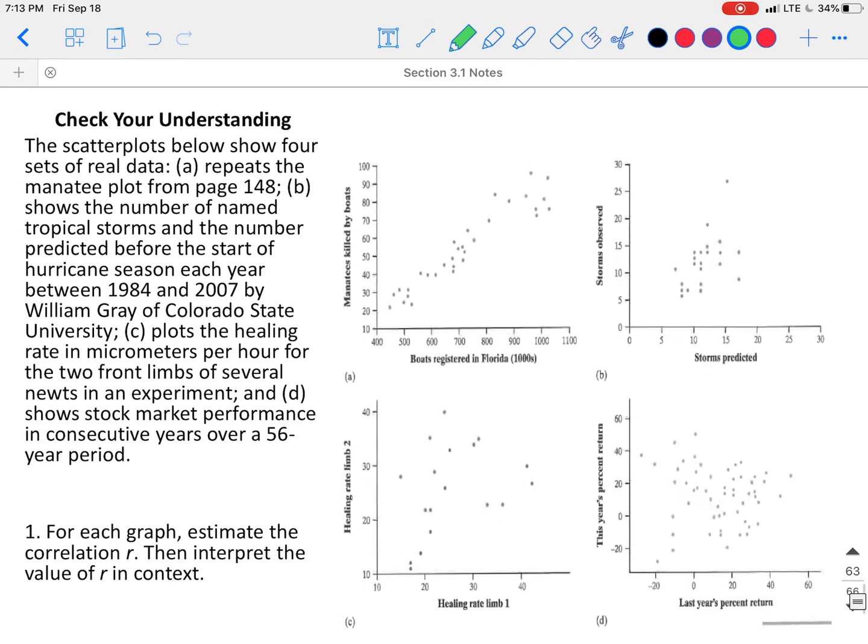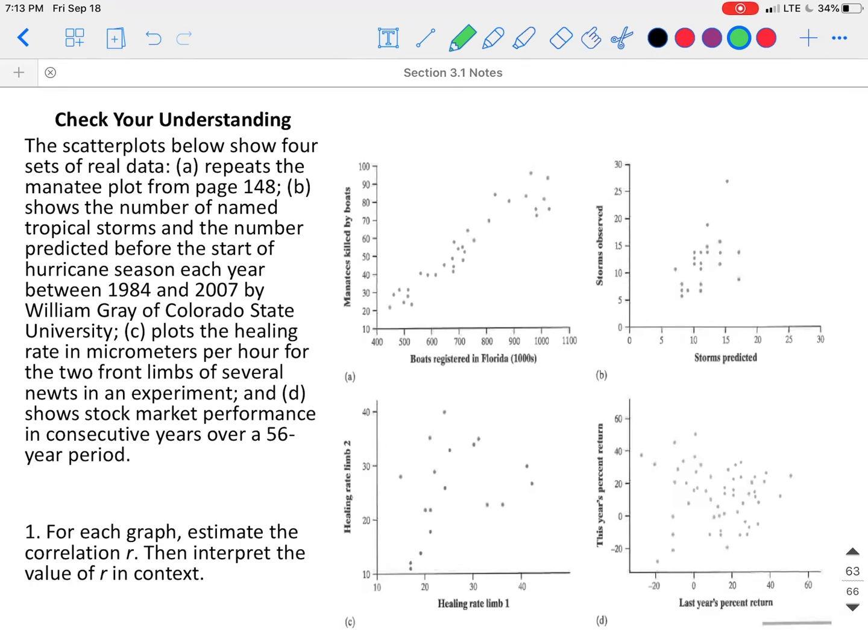So let's check our understanding. The scatter plots below show 4 sets of real data. In figure A, this is a repeat of your manatee plot from before: the increase of boats registered, the increase of manatees killed. Picture B shows the number of named tropical storms and the number predicted before the start of the hurricane season each year between 1984 and 2007.